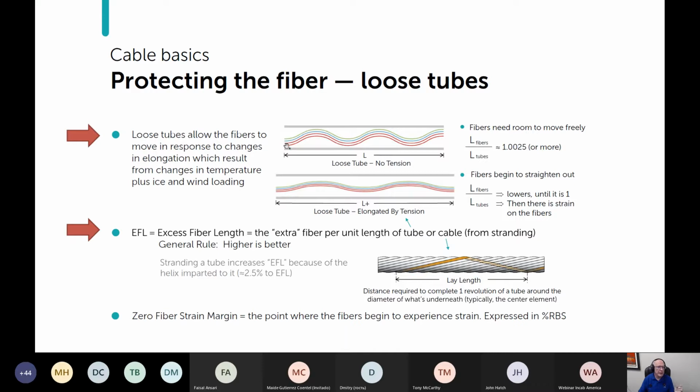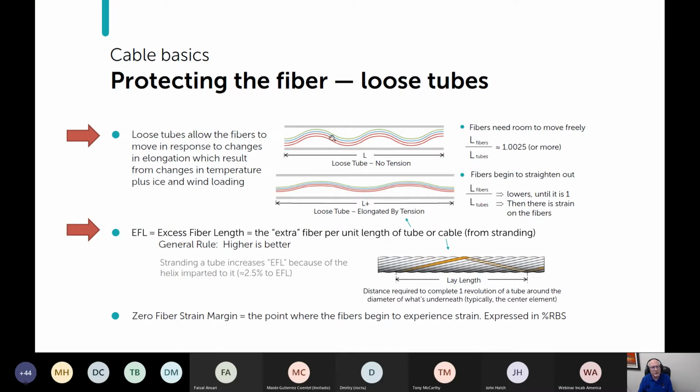Today's manufacturing, each fiber has the same amount of sinusoidal shape to it, and they're all in phase, so they're in together. Again, back when I started in the early 90s, we had more loosey-goosey loose tubes, where maybe there would be a fiber that would be out of phase or another fiber that would have a different amount of EFL in it.